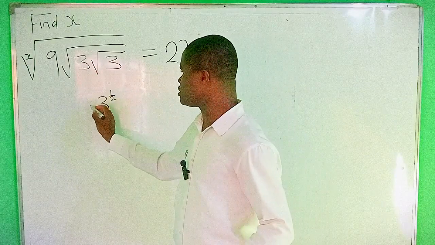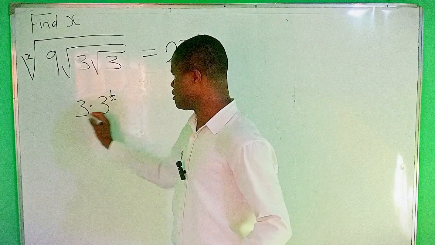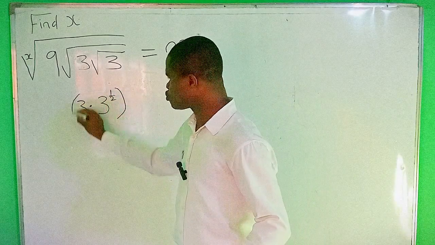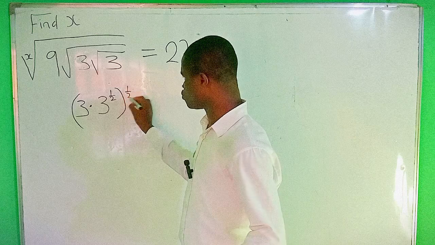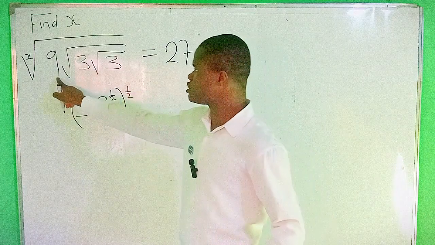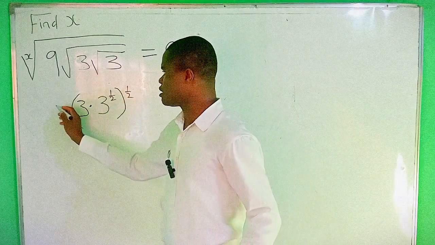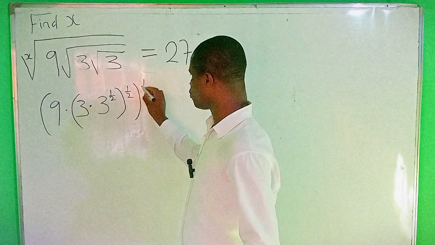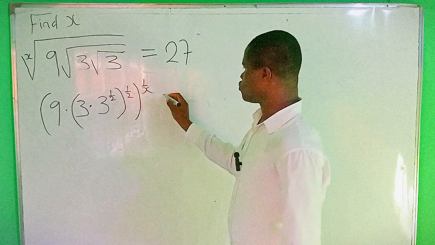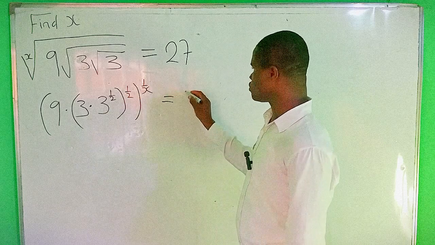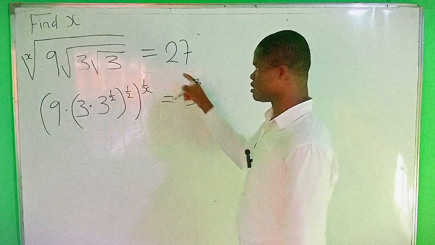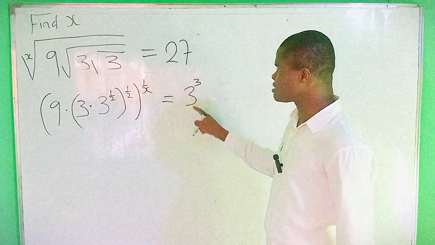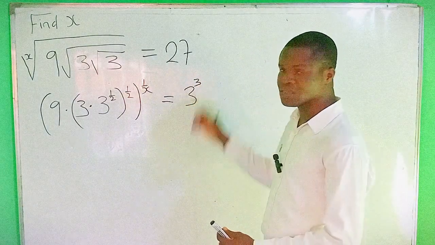Then for this one, it's going to be times 3 all raised to power 1 over 2. Then for this other one, it's going to be times 9 all raised to power 1 over x. So this whole expression is equal to 3 raised to power 3. I've expressed 27 as 3 raised to power 3.